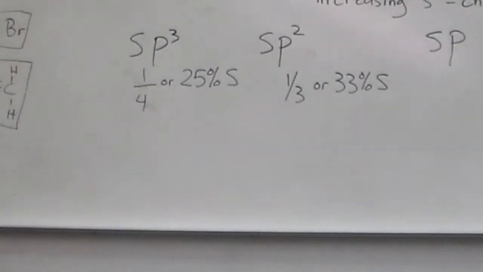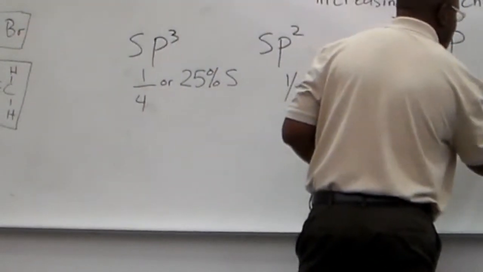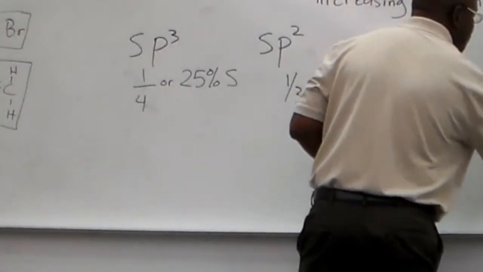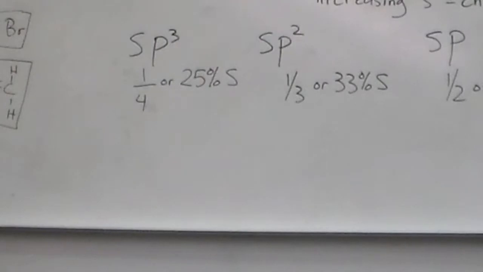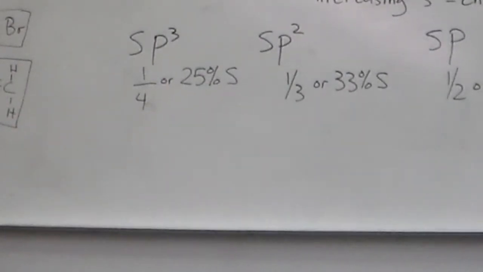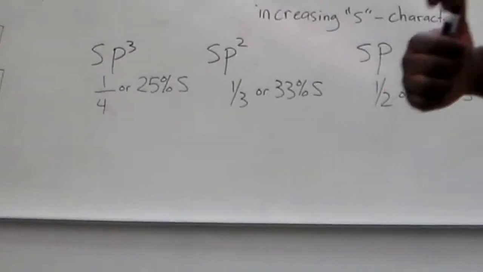Of those 2 orbitals, what percentage is s? 1/2, 50%. Notice you go from sp3 to sp2 to sp, you go from 25 to 33 to 50%. So as you increase the s character, you also increase the acidity.